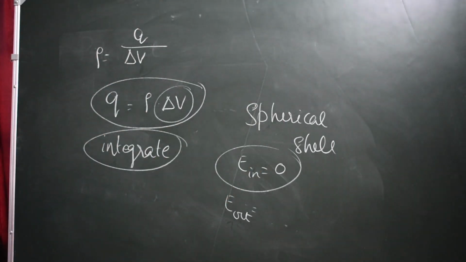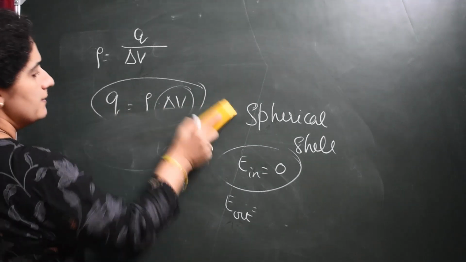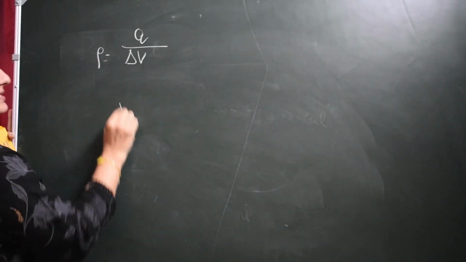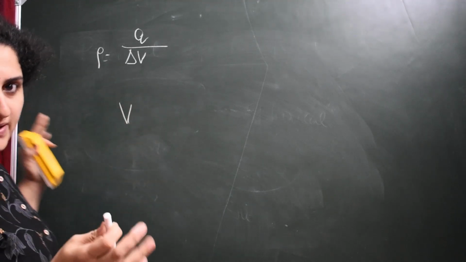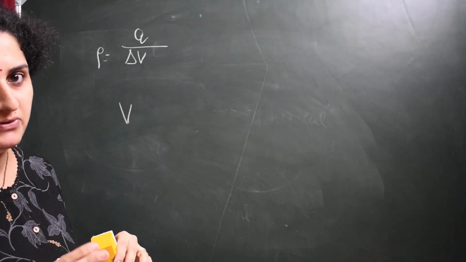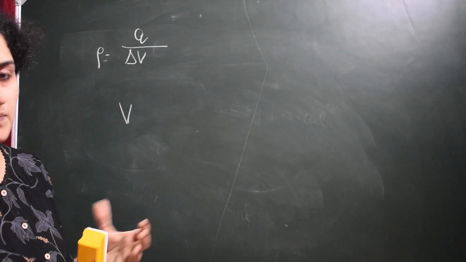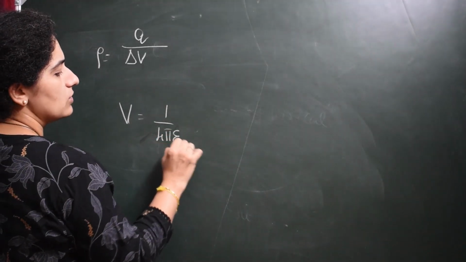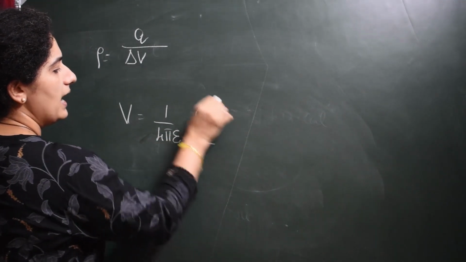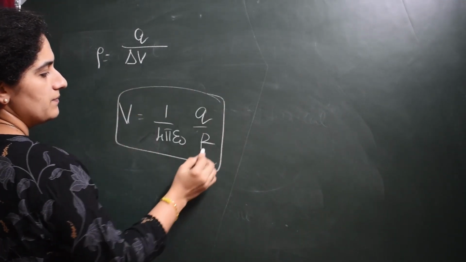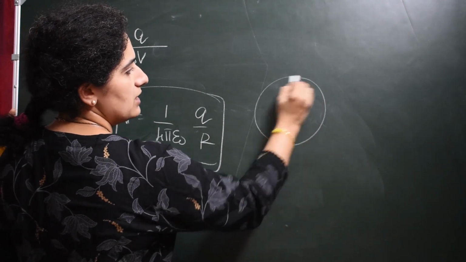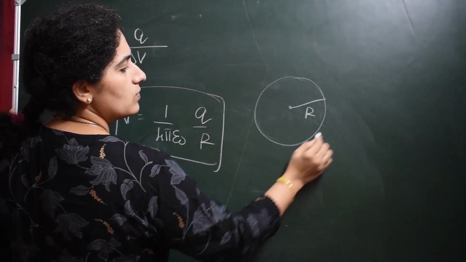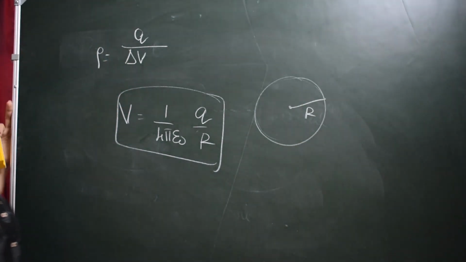In the same way, when we write the potential, inside the spherical shell, there is no need to do any amount of work because the field is 0. So it is 1 by 4 pi epsilon naught q by r, where r is the radius. Inside this spherical shell, it is the same amount as what we have on the surface.